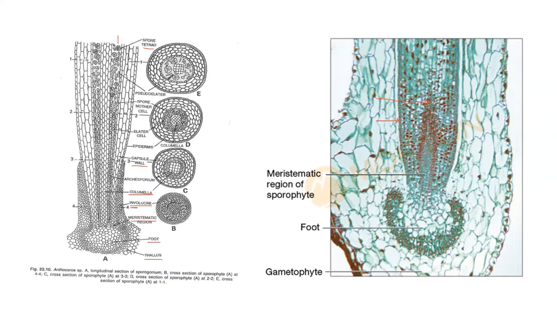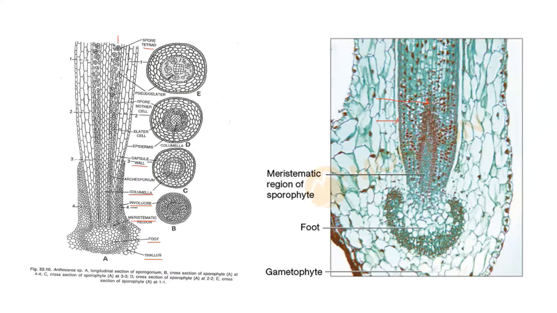It also extends above the columella like a dome-shaped structure, a feature which is characteristic of Anthoceros, and in sharp contrast to other liverworts. In liverworts, you are aware, there is only a capsule. There is no foot, there is no seta. If you remember the Riccia sporophyte, it was only an oval or spherical structure with sporogenous tissue directly, which divides by meiosis, and you get a spore tetrad.